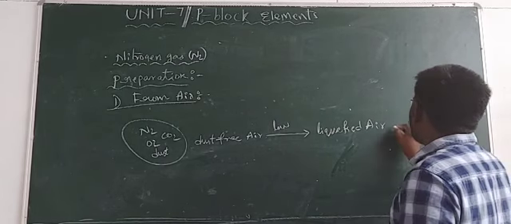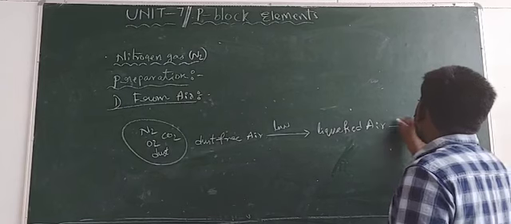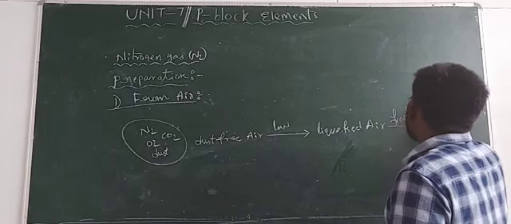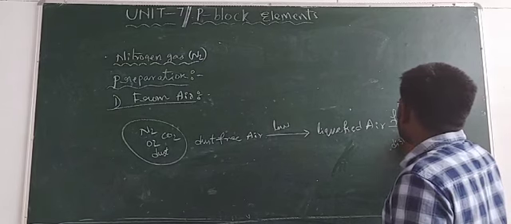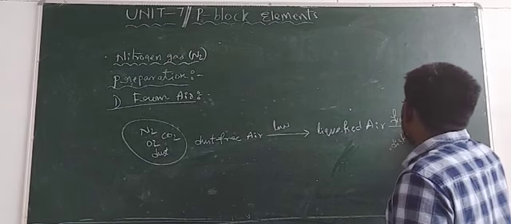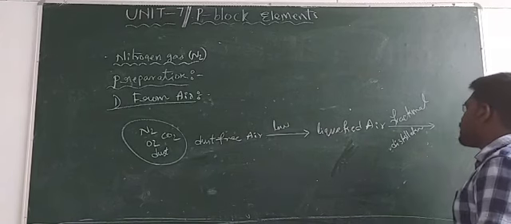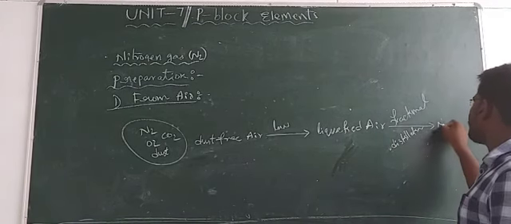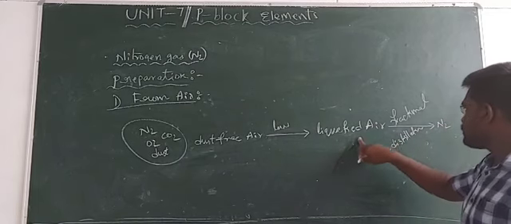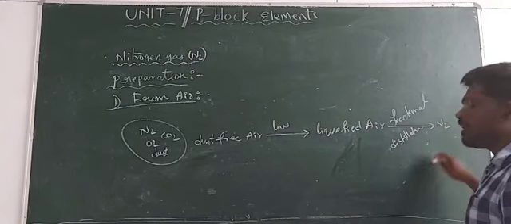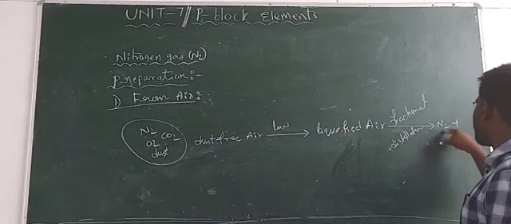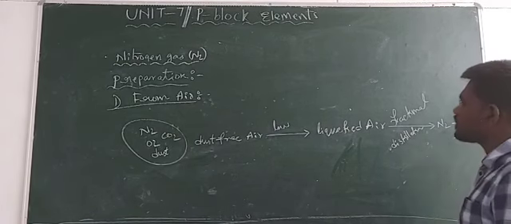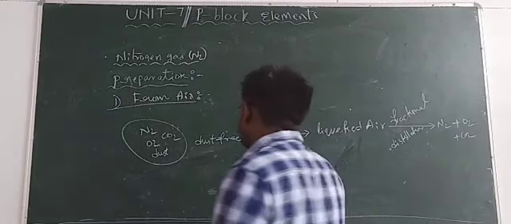By subjecting this liquid air, a mixture of different components, to fractional distillation at various temperatures, we can separate the components: you will get N2, O2, CO2, and the other gases will be separated.